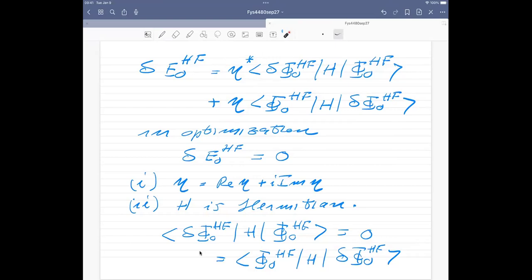Because you're going to take the variational derivative of, so what you want now is a delta E0 of HF. So the derivative of this quantity, or you take the whole energy with respect to either this one or that one. So this is what you take the derivative of. This is your actual change in the wave function. And you are going to take the derivative or the variational derivative with respect to these parameters.